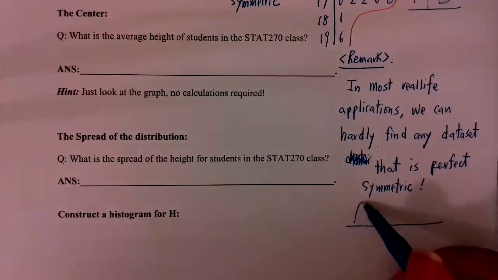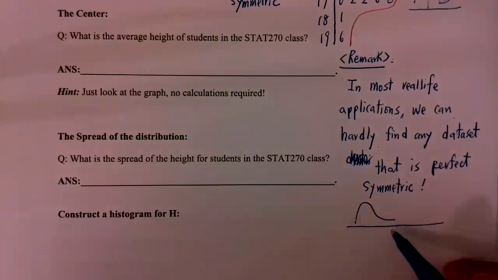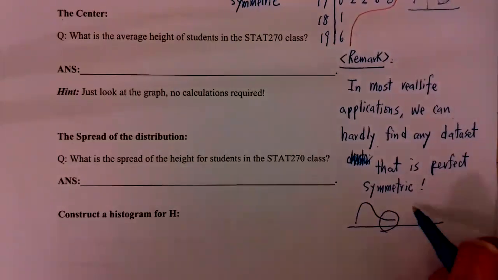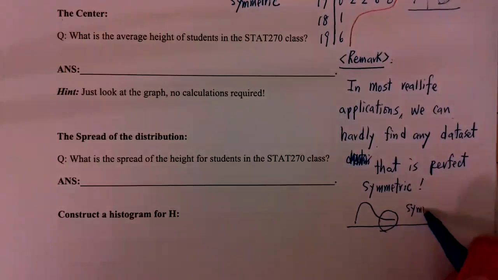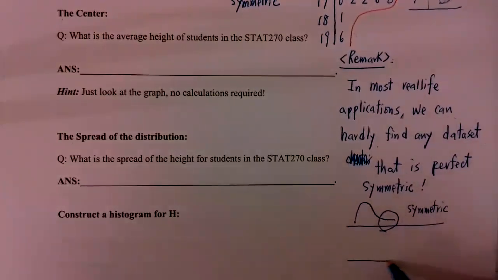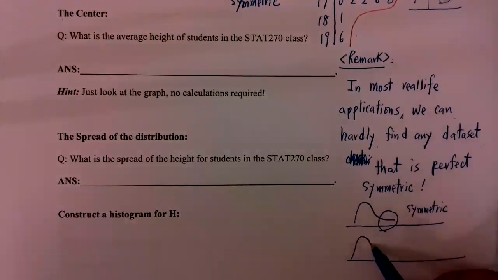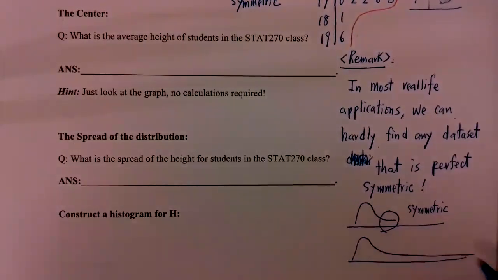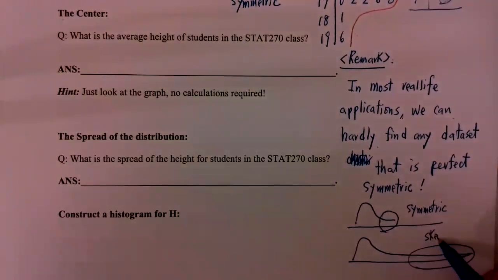So when a distribution has a very short tail, you still call it symmetric. If you say something is skewed, you must see a very long tail. This is called skewed.